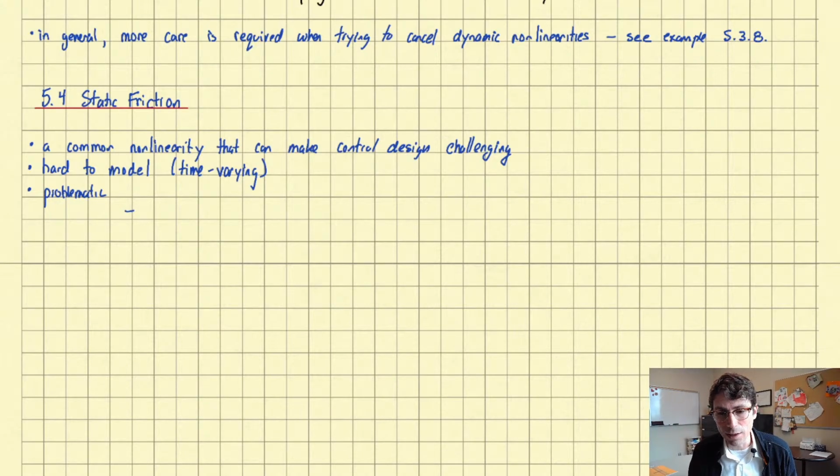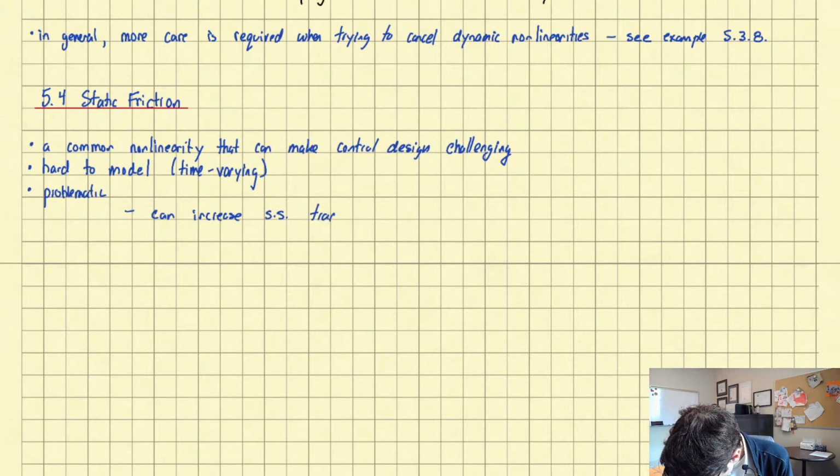Well, what happens with static friction is that when you start to get close to 0 in your control signal, static friction basically makes the system stop moving, because you're applying very small control signals. The system is essentially stationary, and this results in steady state error. So it can increase steady state tracking error.